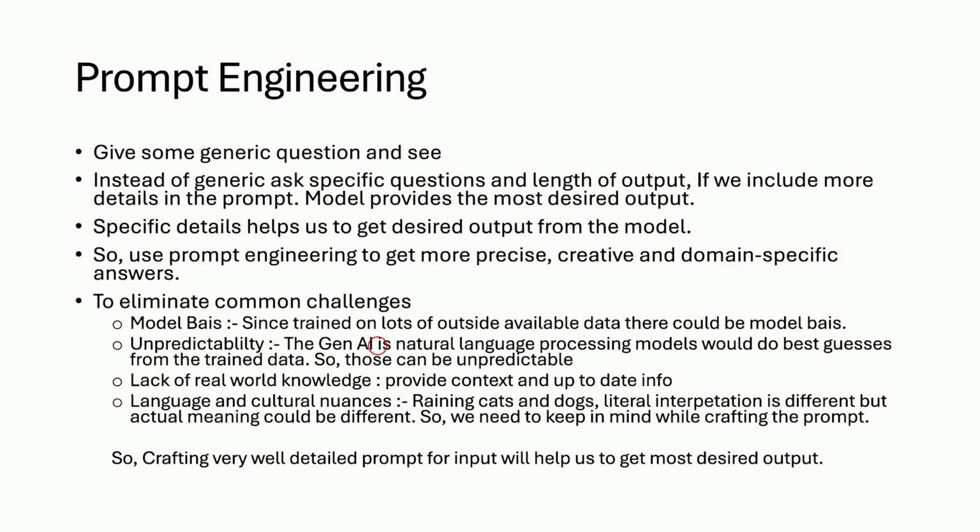And if we provide any new question, it will try to compare with the earlier available data and make the best guess and provide you an answer. So there will be some unpredictability also. If you provide better context and better detailing, it would help the generative AI model arrive at the best solution.